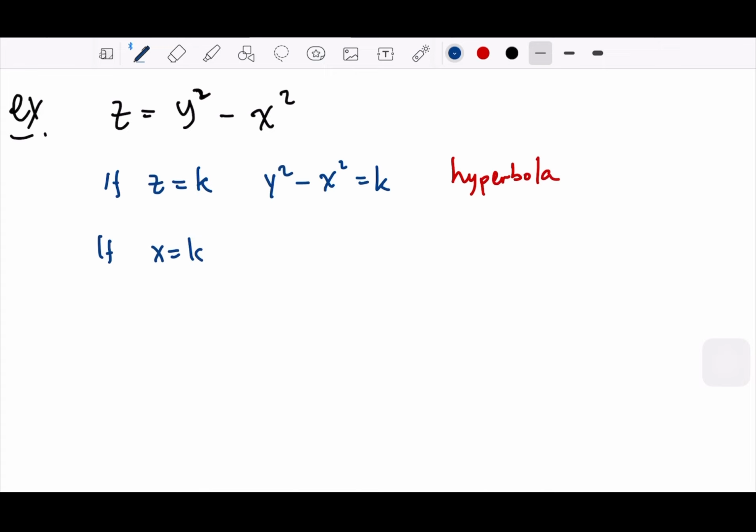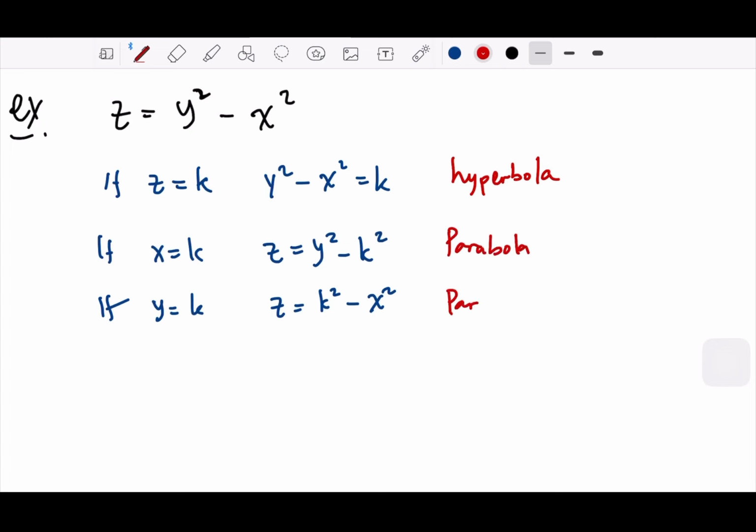Okay, now we take some observation on the other two planes, and we have a parabola for the yz plane, and for the xz plane we have a parabola. Because the parabola has the minus, it will be upside down.